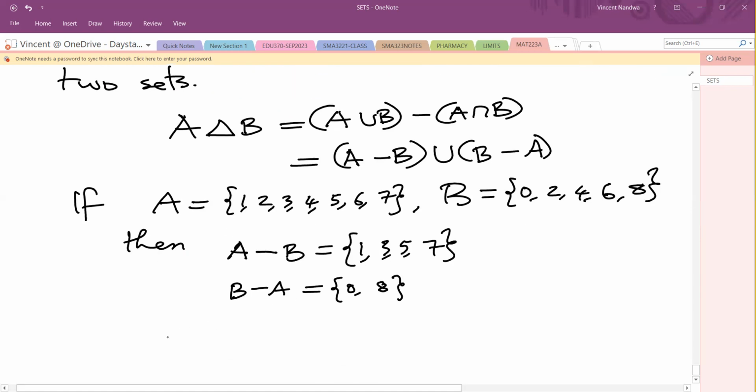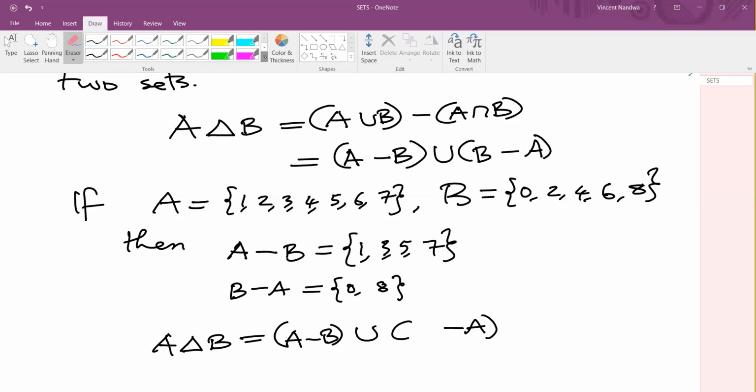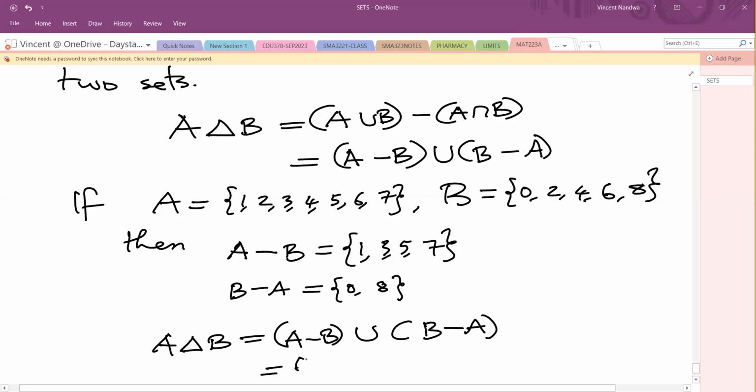So now the symmetric difference of A and B is A minus B union B minus A, which will be given by 1, 3, 5, 7, 0, and 8.